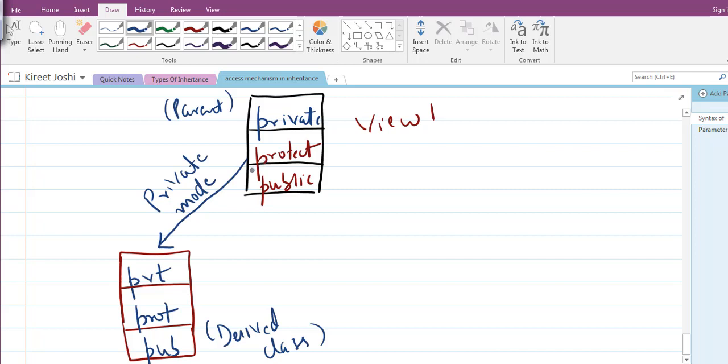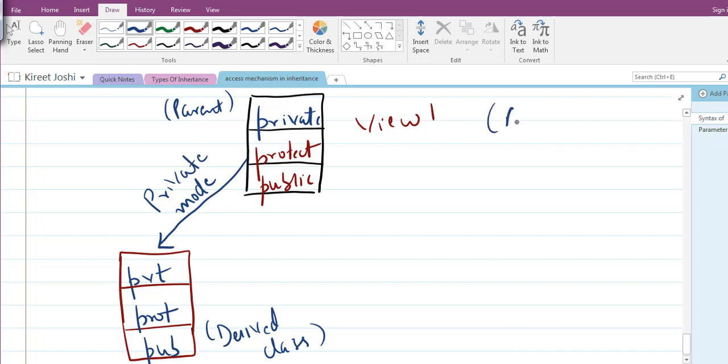So in order to classify this, we have three different modes. First is private mode. In all these three different modes, the visibility will be different. The visibility will change, the access mechanism will change.